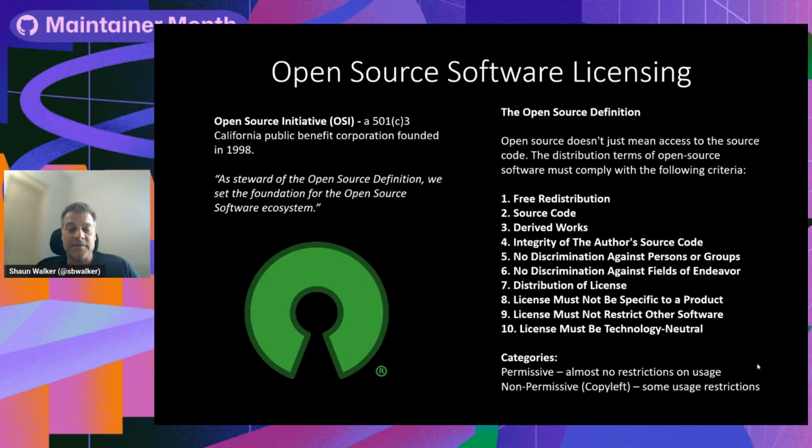It maintains the open source definition, which has a whole list of criteria that an open source license needs to adhere to in order to be considered open source. There's primarily two types of open source licenses. There's permissive licenses, which have very few restrictions on the usage. And then there's non-permissive, sometimes called copyleft, which have more usage restrictions around them.